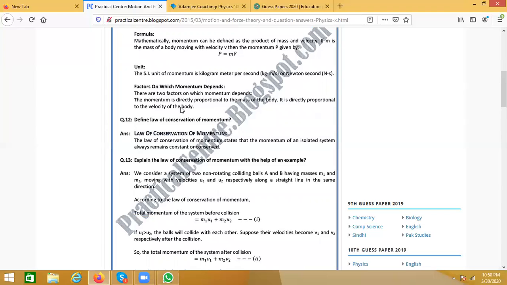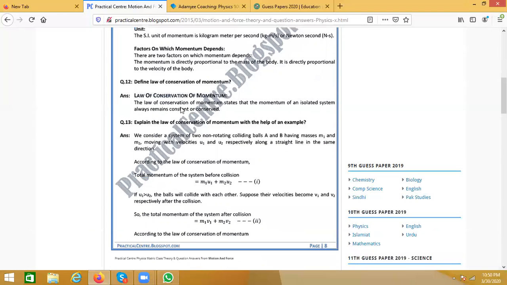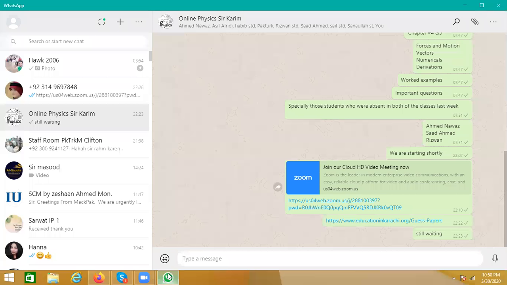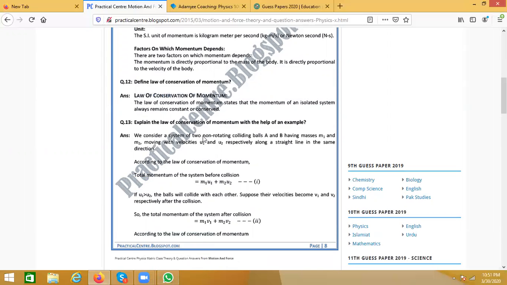Did you send me the link of this in the group? This page. Which link? Notes, paper, this case paper. Yeah, I will share it, don't worry. I will share it in the group, and you can add all those students here also who are actually taking the classes now.